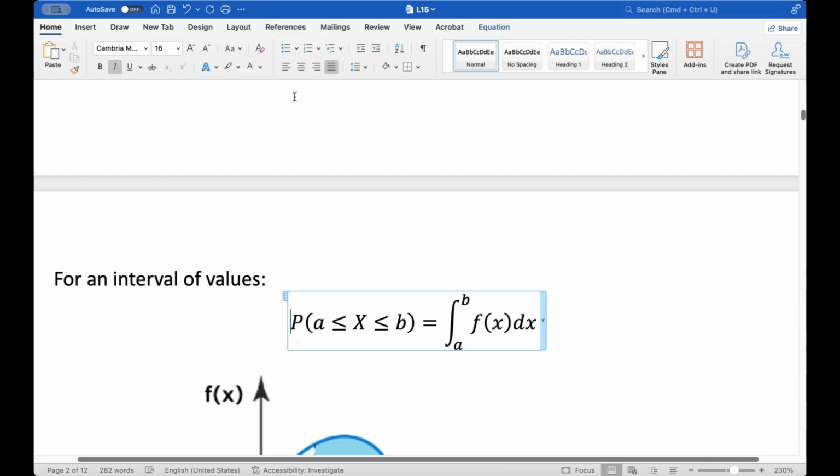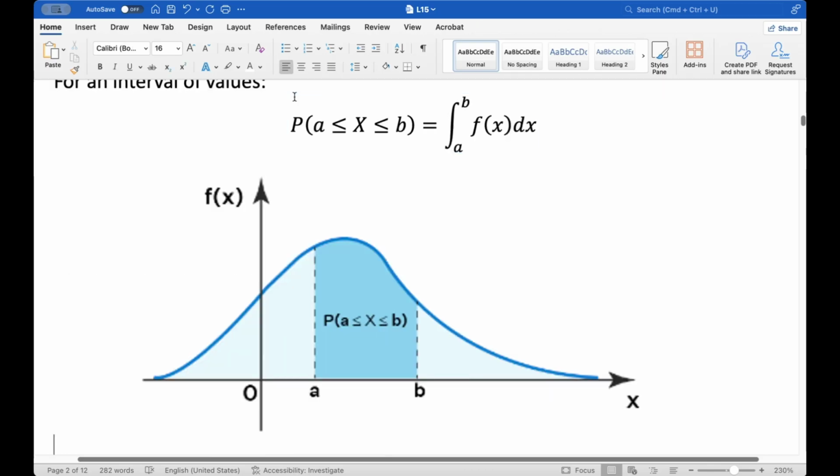But again, for this particular course, we're going to stick to the more familiar situation where we're working on an interval of numbers. And so we're doing a definite integral from a to b of f of x dx. And that represents the probability that x is between a and b. So it makes sense here that the probability of any one value would be 0 because we would have essentially just a line here, and we'd have an area of 0.